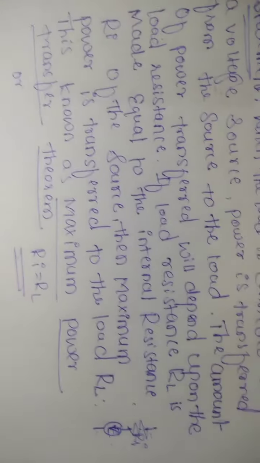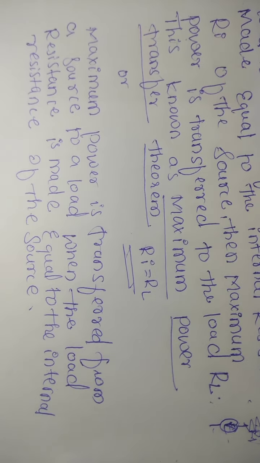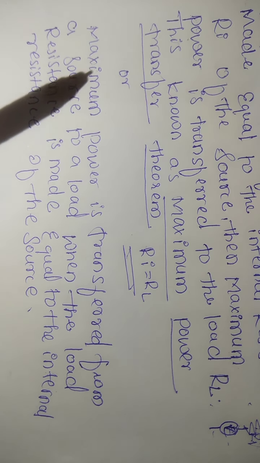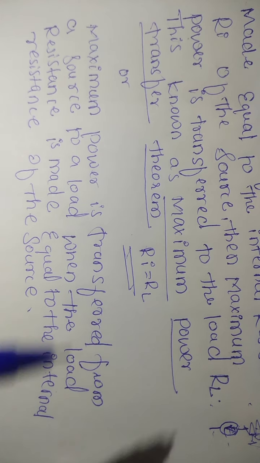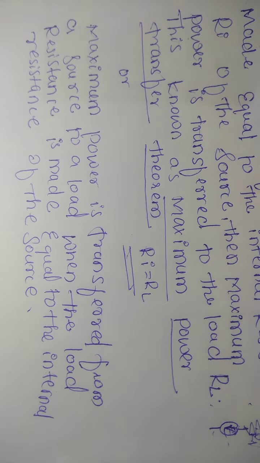You can also define it this way: the maximum power is transferred from the source to the load when the load resistance is made equal to the internal resistance of the source.